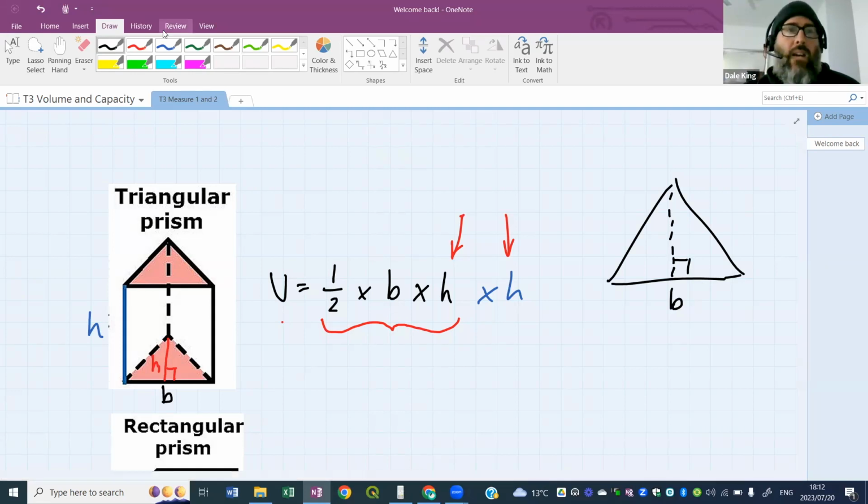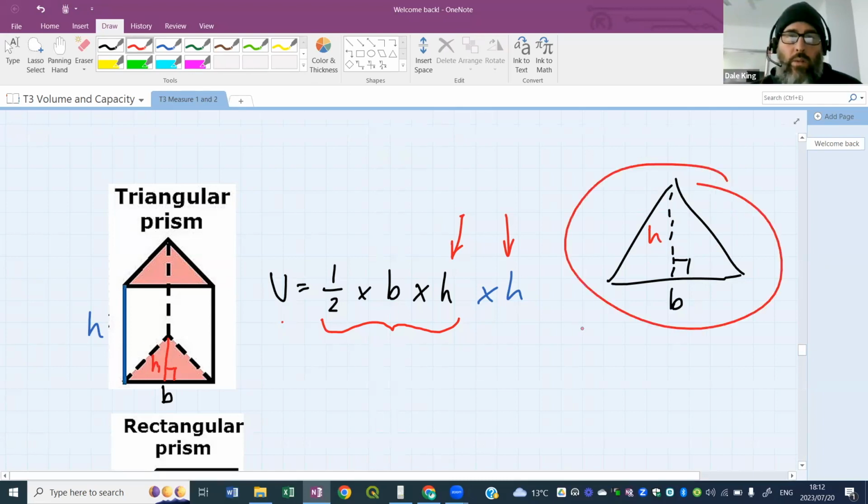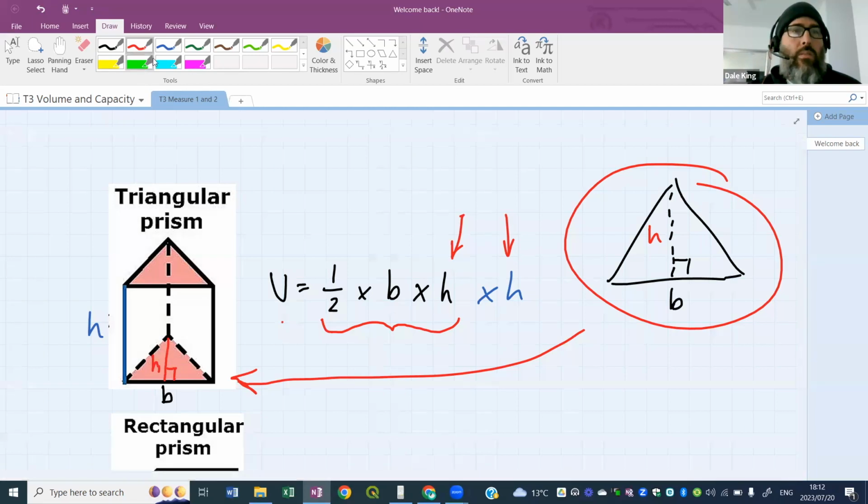Okay, so I'll put there in red that this dotted line is the height. So in the area of a triangle, which is now the base of my triangular prism, I've got a B and an H for height, but that's only in the triangle. I still have to multiply by this triangular prism's height, don't I? Yeah.